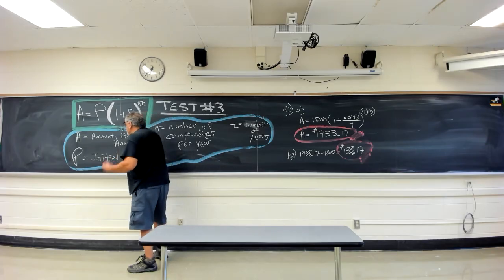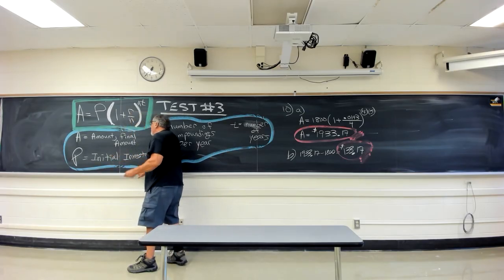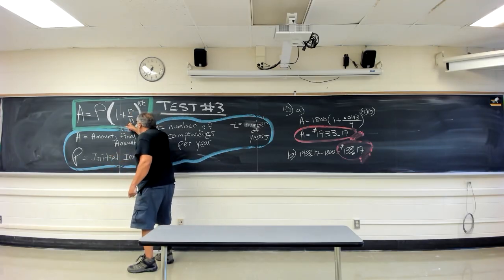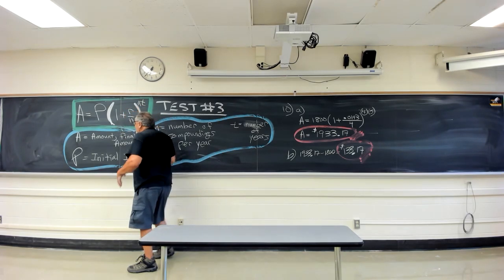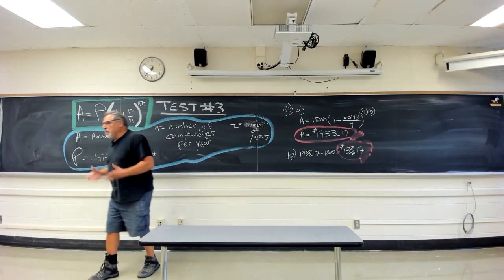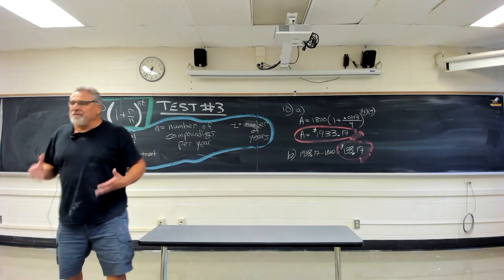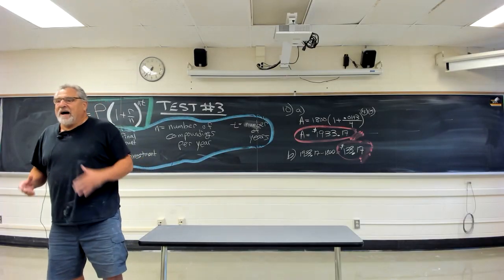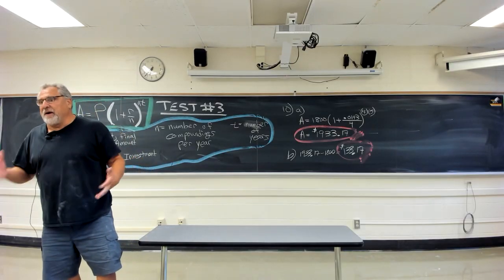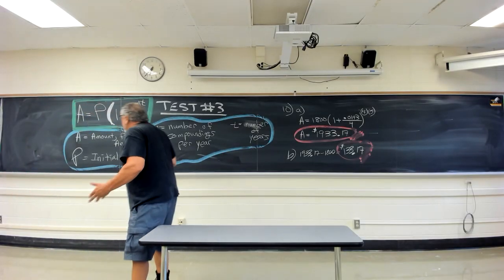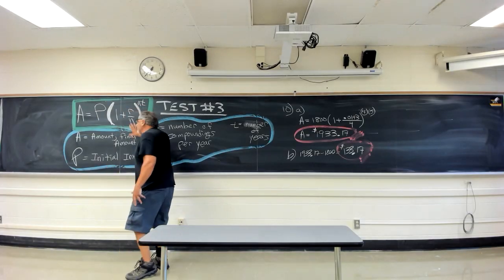So the shorter the space between compoundings, n becomes really big, this becomes small, but this right here becomes really big. And in the limit, we get basically the exponential function, e to the x, where e is a very special number. We're not going to go down that path, but I just thought this was something to mention.